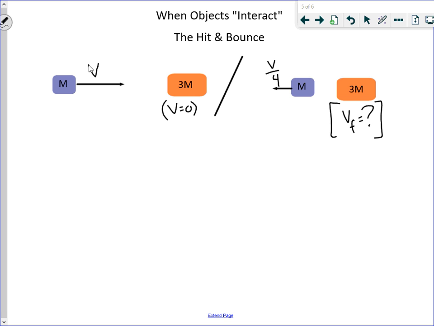Okay. The answer that you're going to get is v over 2 to the right. Is that true? Let me just make sure. Yeah, I think it's true.